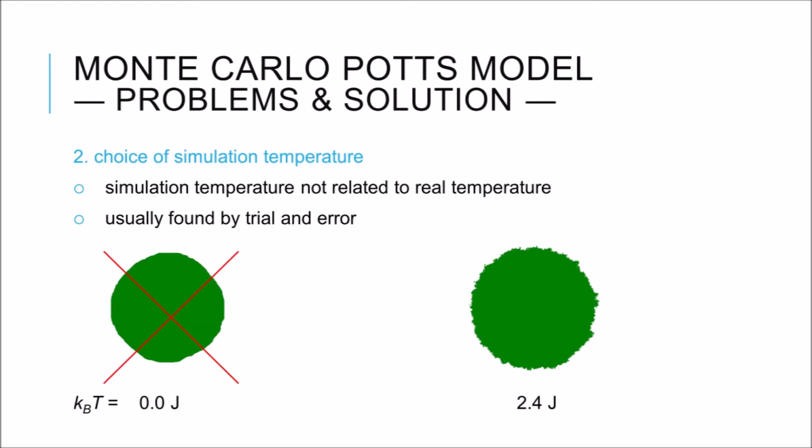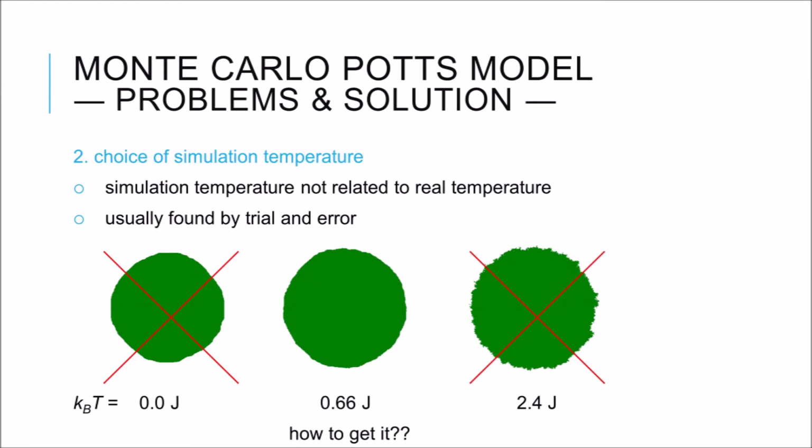There are bits and pieces of the grain that just go away from the grain, and it's of no use. So I have to go to smaller simulation temperatures. But which one? You can see here that, yes, this one looks good. 0.66 joule looks good, but how do I get something like this? And not by trial and error.